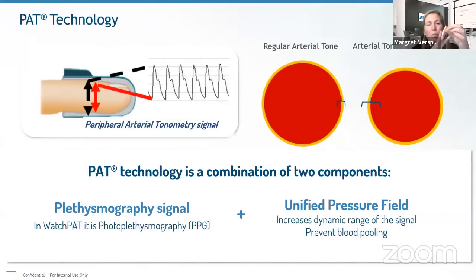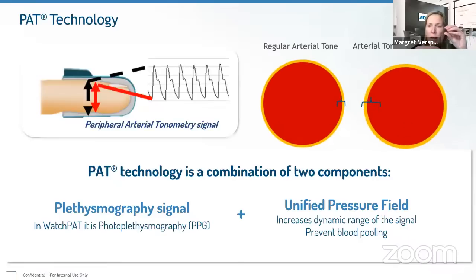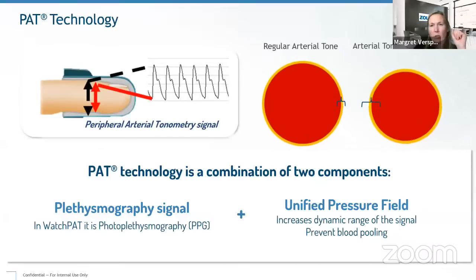The patient needs to place the probe in a good way around the finger. There is an adhesive which you need to take out, so the probe really sticks to the finger and stays in one place. There is a pressure field in the probe, so we can really measure very slight variability changes in the arterial tone. We can measure it in the PAT signal. So it's important to have the unified pressure field.